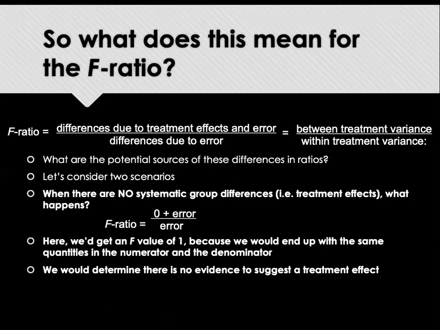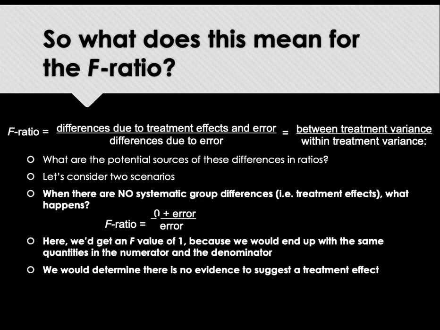When there are no systematic group differences, that is, when there's no treatment effects, what would happen? So let's say that art therapy and play therapy are not at all different, right? In reality, there's a little bit of sampling variance in the scores, but there's no treatment effect of art therapy or play therapy. They don't make any difference on anxiety scores.